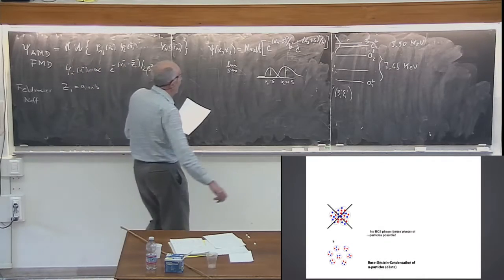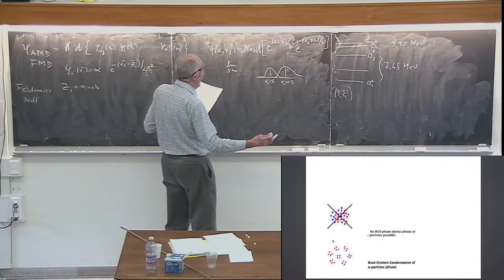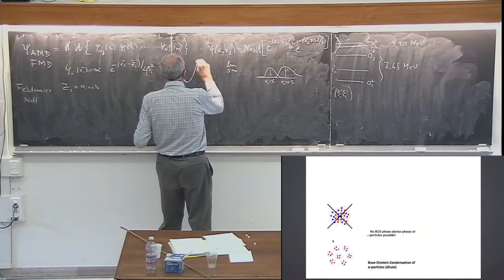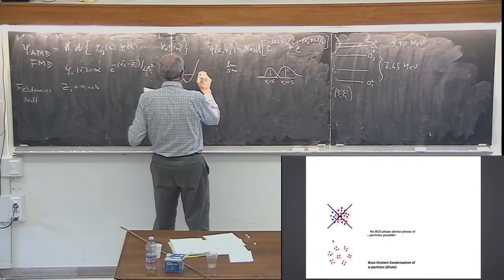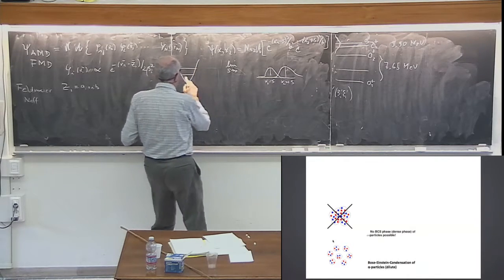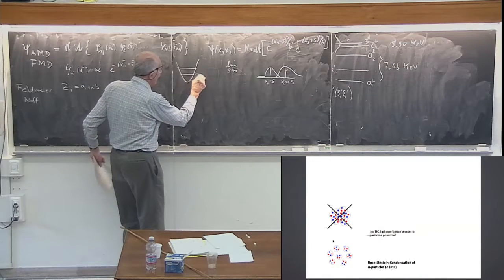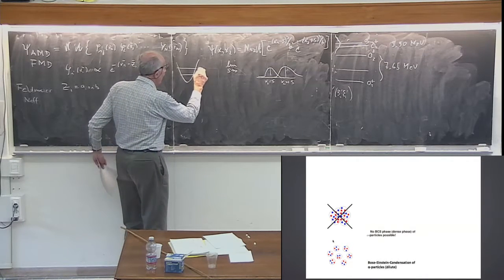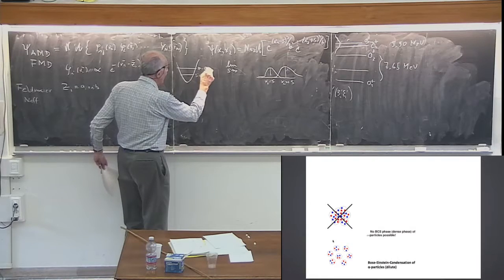You should find a Slater determinant of the first state, the first harmonic oscillator, which is an even state, in 3 dimensions an S state, and this is a P state, L equals 1.